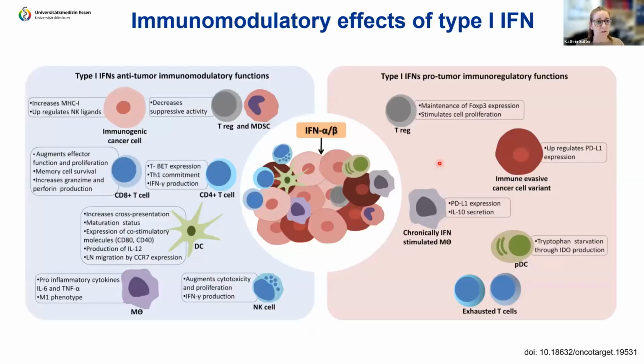The other thing interferons can do is modulate immune cell function. And I think Gennady Zelinsky already told you yesterday a lot about CD8 T cells, maybe also CD4 T cells, regulatory T cells, which are also shown here. And interferons, as I said, the receptor is on every cell. So they also have an influence on the effector function of almost all cells.